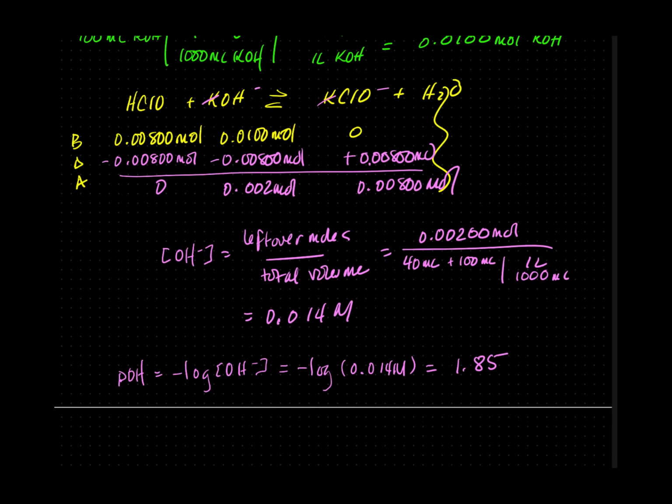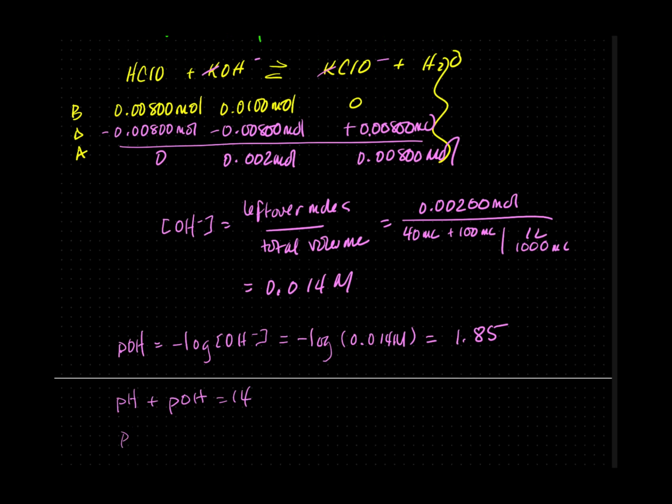So solving for pH plus pOH equals 14. So pH plus 1.85 equals 14. So pH is equal to 12.15.